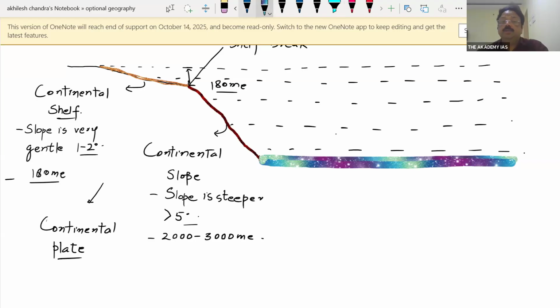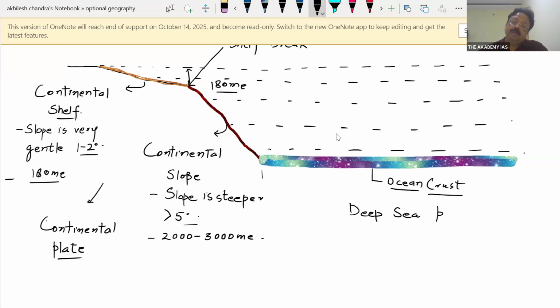Here it is ocean floor, ocean crust, and this deep ocean crust is called the deep sea plain. Deep sea plain is extensive. Average depth is 3,000 meter to 5,000 meter.